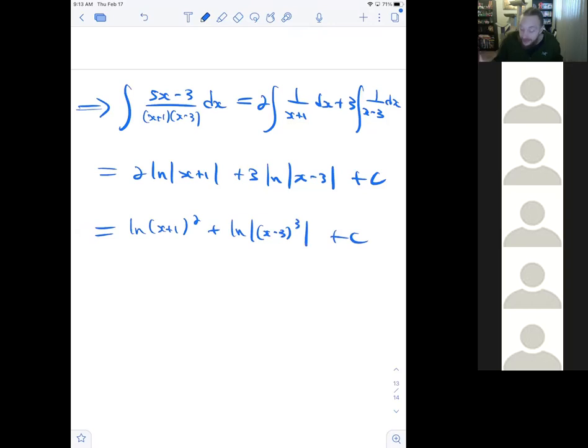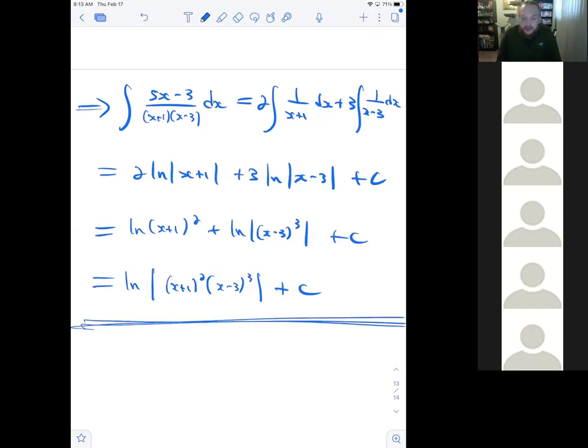And then sum on the outside is product on the inside. So this is natural log of the absolute value of (x plus 1) squared times (x minus 3) cubed plus c. They always like to write it as a single natural logarithm if they can. But you didn't really have to do that.